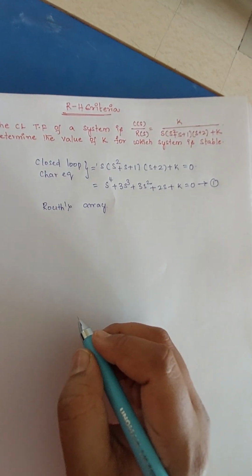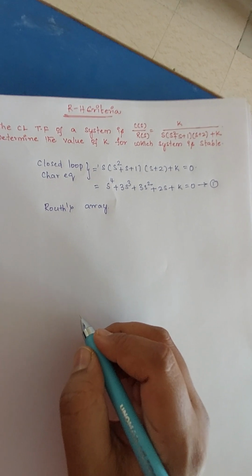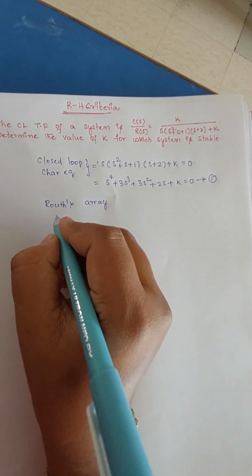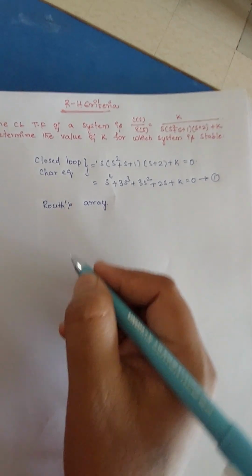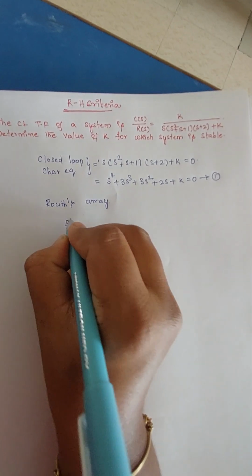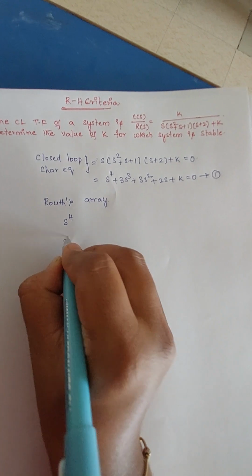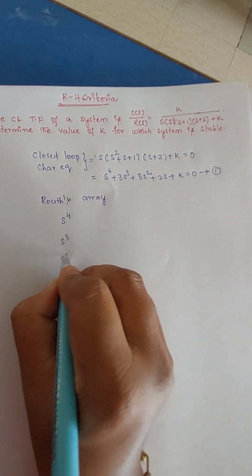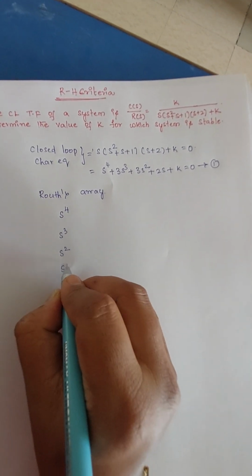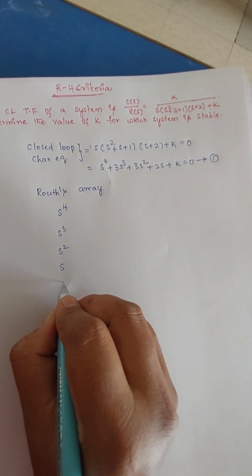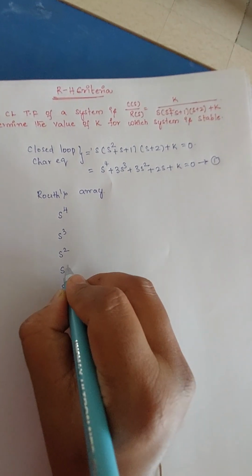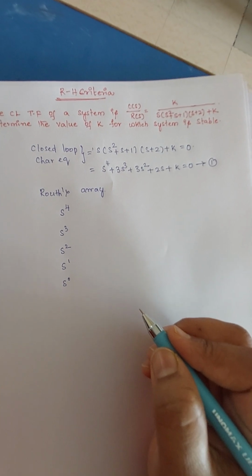Coming to the Routh's array formulation, we first write the first column as s powers, starting from the highest power: s⁴, next s³, next s², next s¹, and next s⁰.